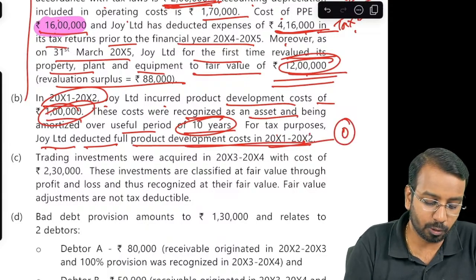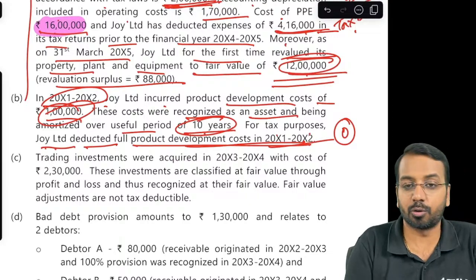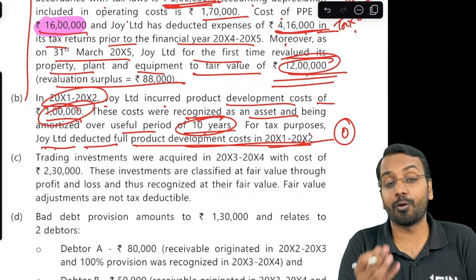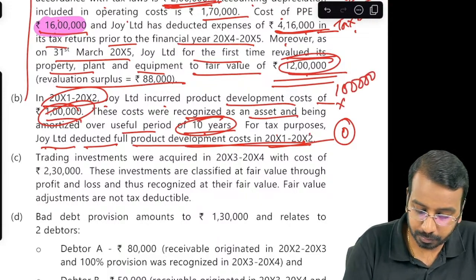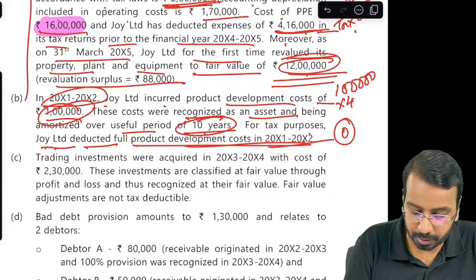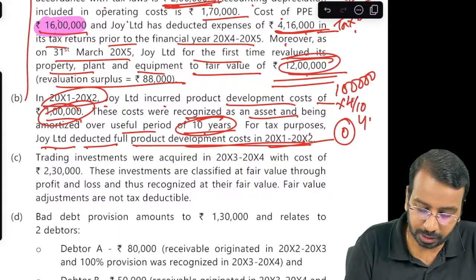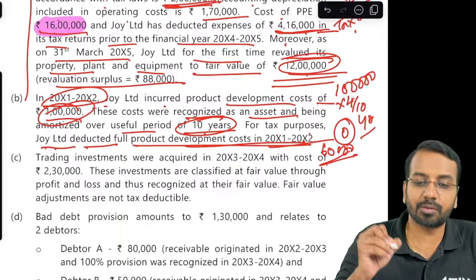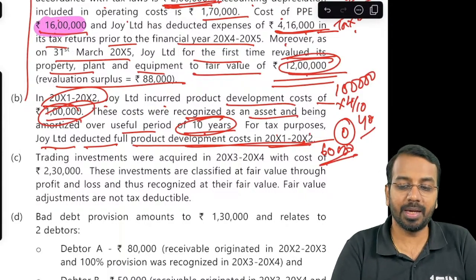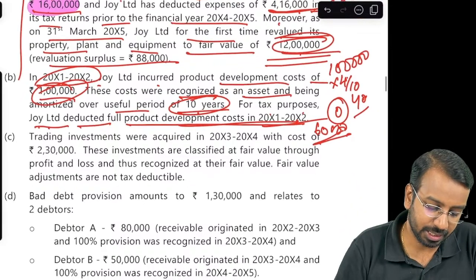So tax base is 0. So year 2, year 3, year 4, year 5, 4 years have been completed. So 1 lakh into 4 out of 10, 40,000 is done, which means 60,000 is left. So 60,000 is the carrying amount, 0 is the tax base, whatever is the difference will create a DTA.